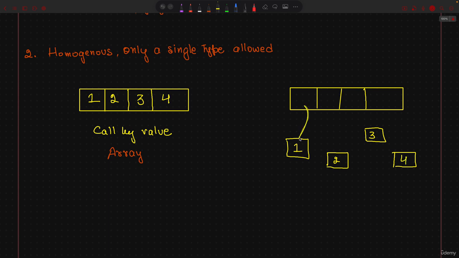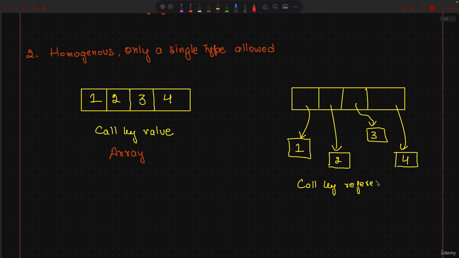The references of each and every one of these elements are stored instead. And this is something which is known as call by reference as well. Call by reference. Now you can think that instead of storing the value by itself, we are storing the reference. So this reference can point to anything.